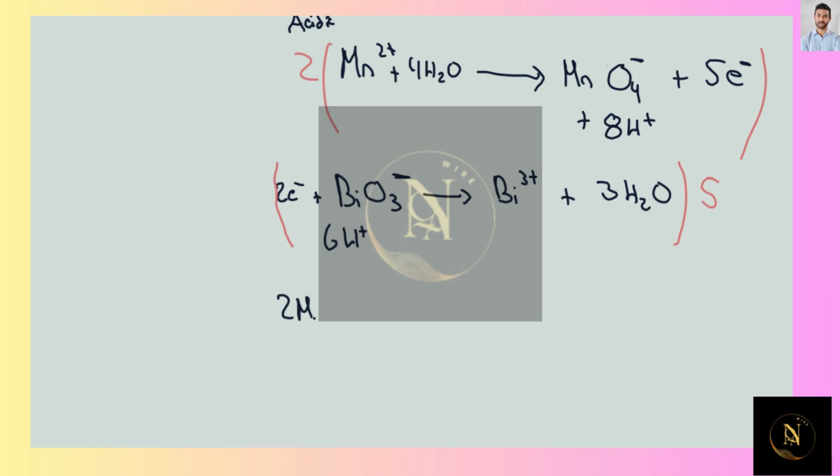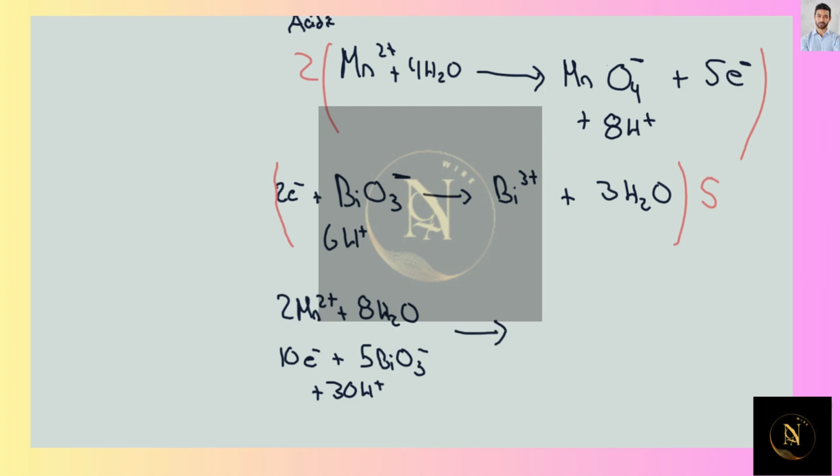2 manganese 2 plus 8 waters. From the equation below, we're going to have 10 electrons plus 5 bismuth oxide plus 5 times 6, 30 protons.